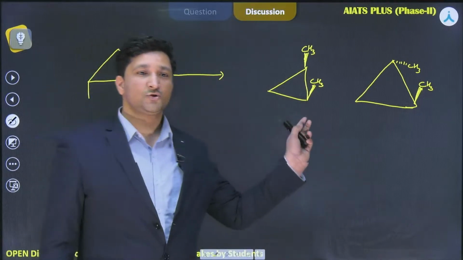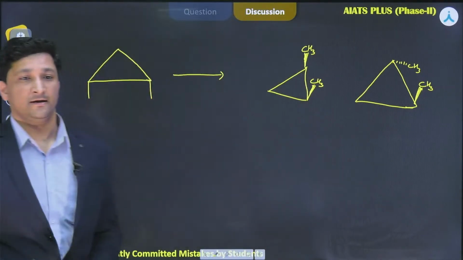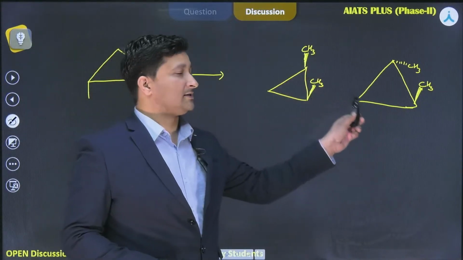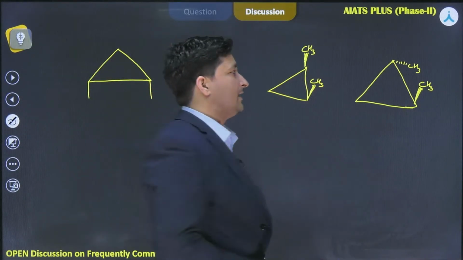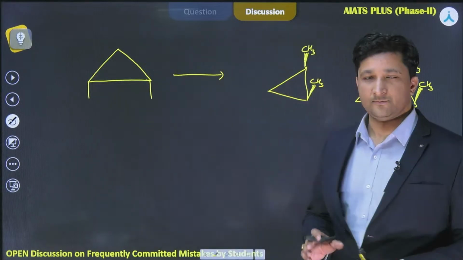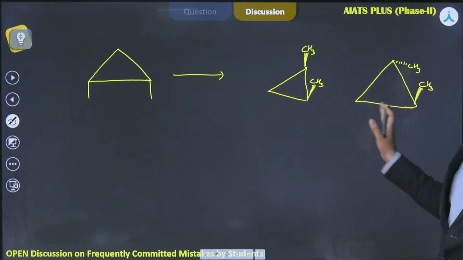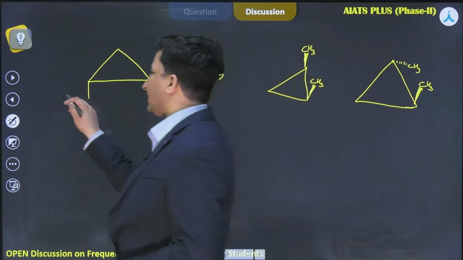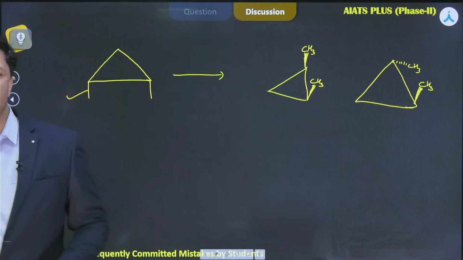Again, you can see these two are different from each other with their respective positions. The distance between CH3 and CH3 in these two has changed, has increased. So that's why they are also geometrical isomers of each other. So this compound will definitely form geometrical isomerism.